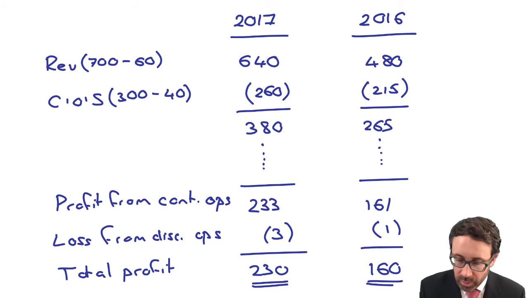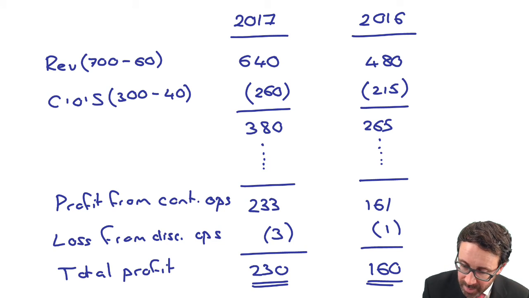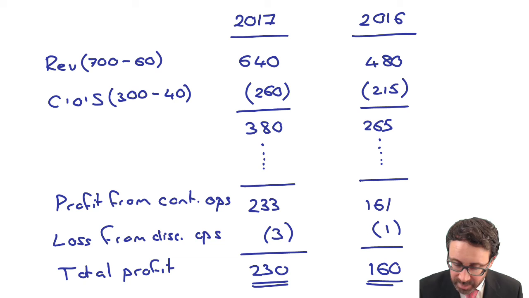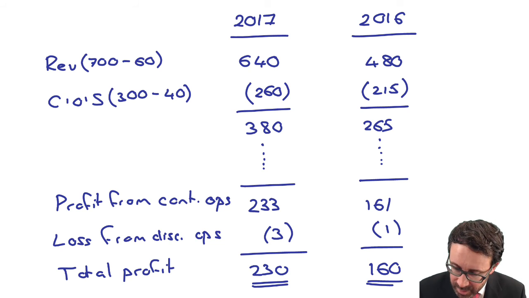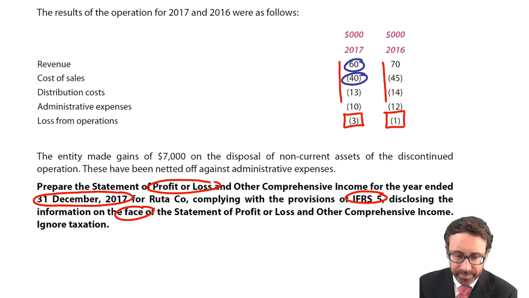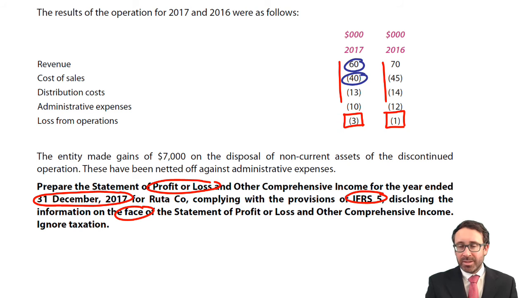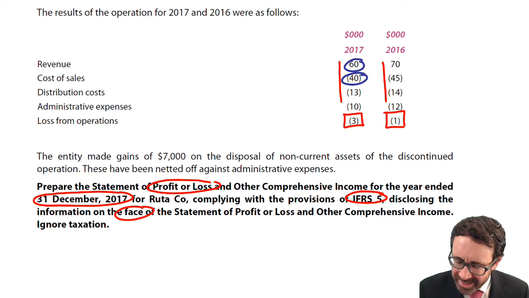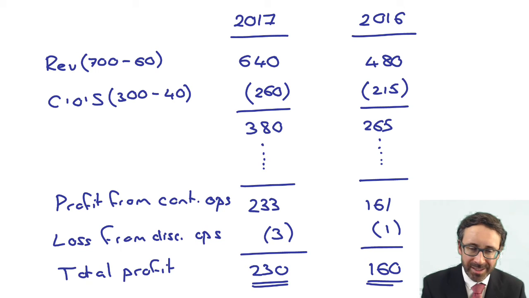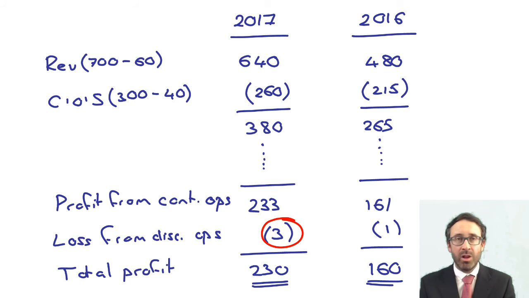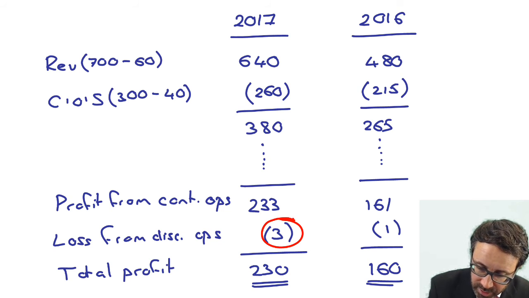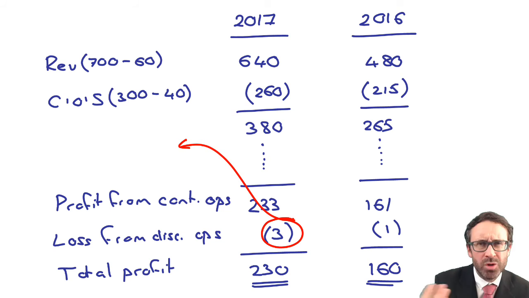Excellent. Good. There is a tiny bit of the question that mentions a gain of 7 being recorded within your admin expenses. So the way the question's set up, we don't actually need to do anything about it, but effectively what it's saying is that this loss from discontinued operations is made up of 2 parts.